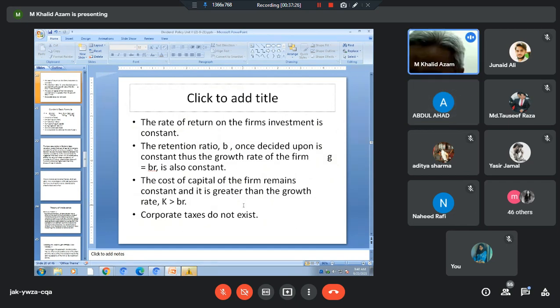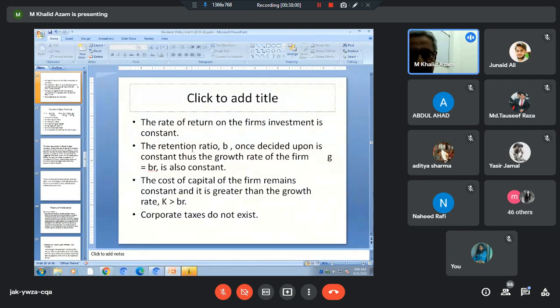Yes, what happened? The second point, explain again please. This one, retention ratio. Okay. See here, there are two important things. One is your earning per share, that is EPS. On the basis of this earning per share, we are going to pay dividend. How much we are going to pay is called the dividend payout, DP.